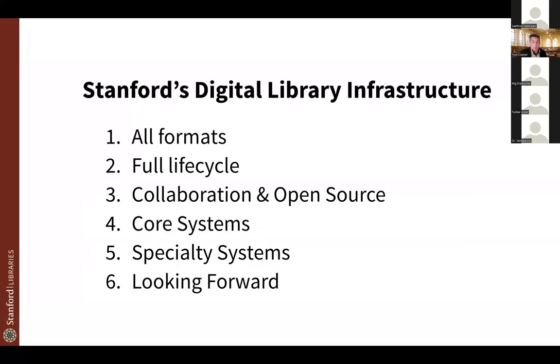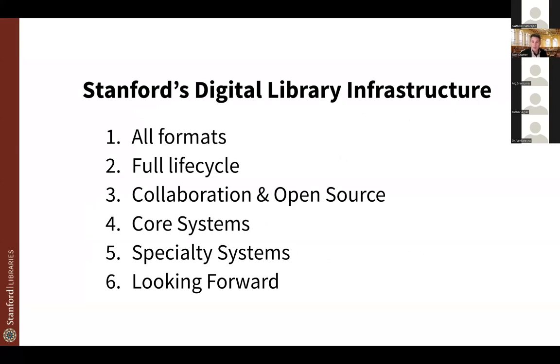So some major design principles and some tenets of Stanford and our digital library infrastructure are laid out on this slide. In the first place, we always want to consider all formats of information. We don't only limit ourselves to, say, ebooks or e-journals, but we look at any way that information might be conveyed.